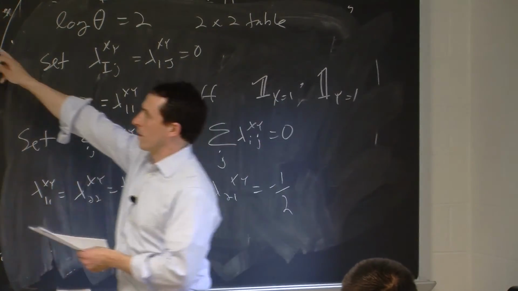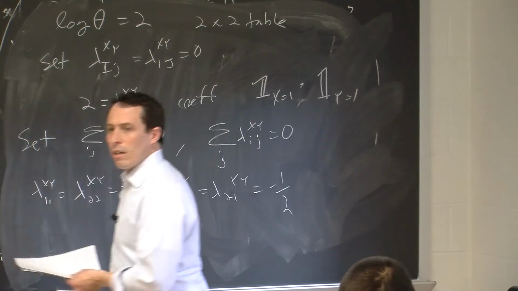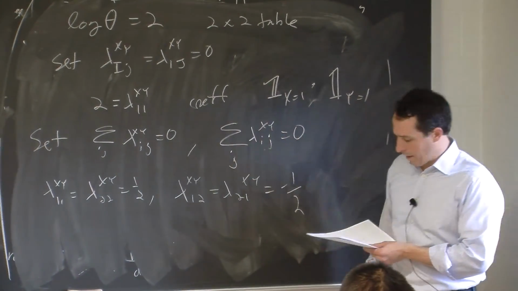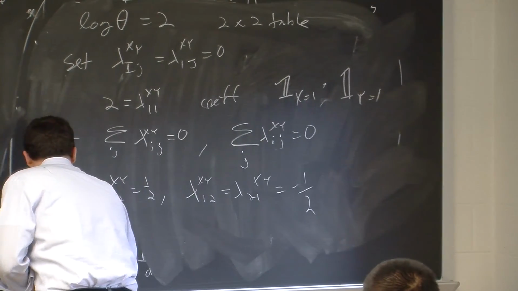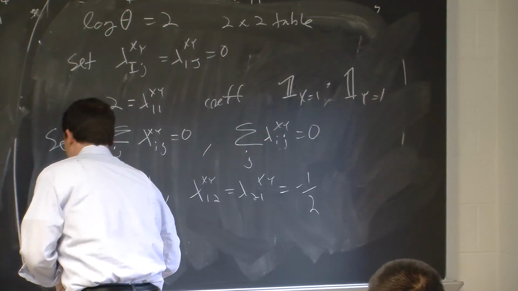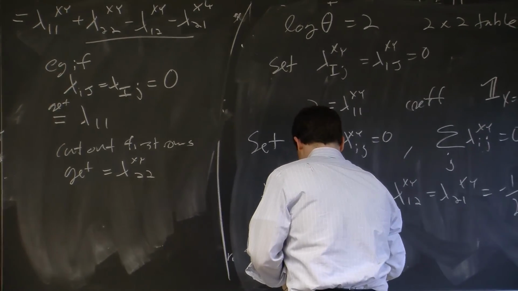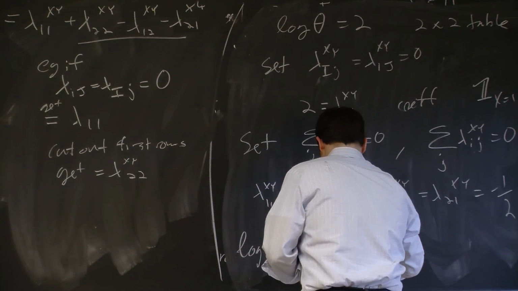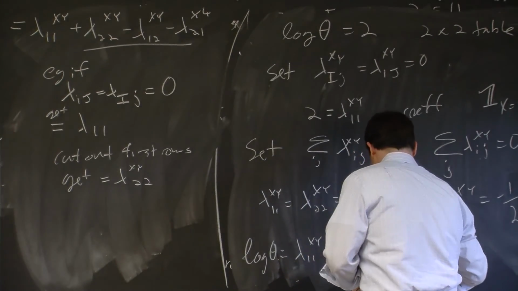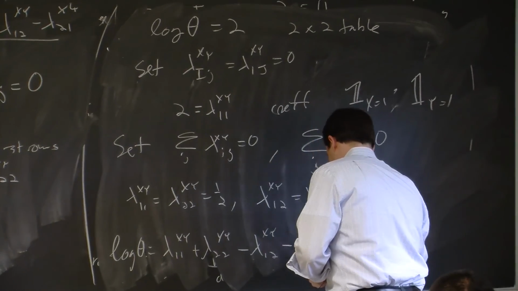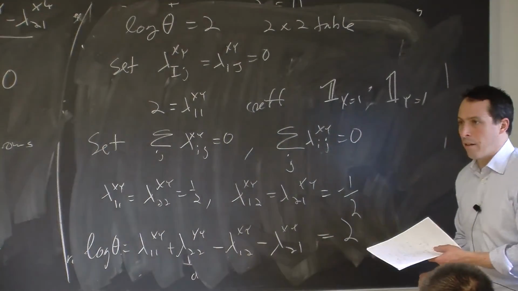So all four of these will have non-zero numbers, as I'd expect, because I use this kind of constraint instead of zeroing anything out. But log theta equals this sum, lambda 11 xy plus lambda 22 xy minus lambda 12 minus lambda 21. And plugging those in, it'll be 2 again.